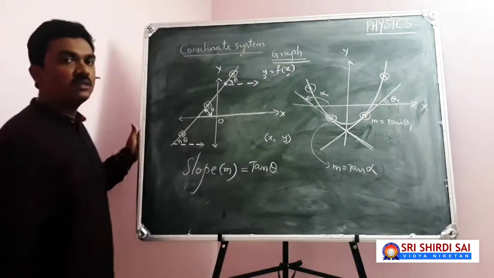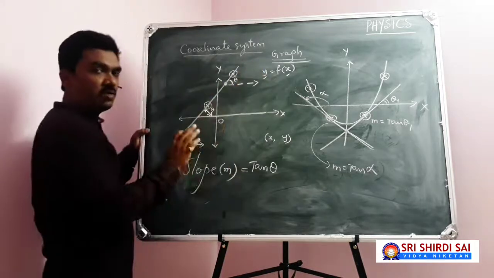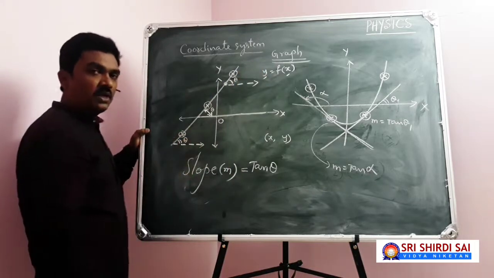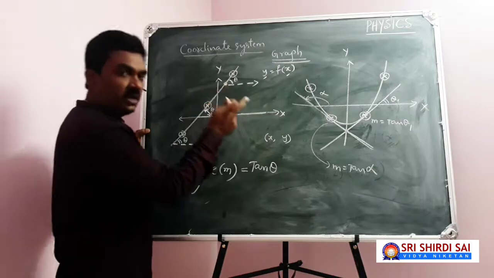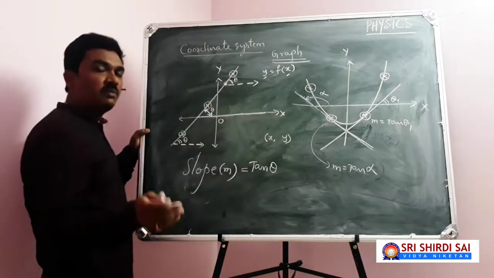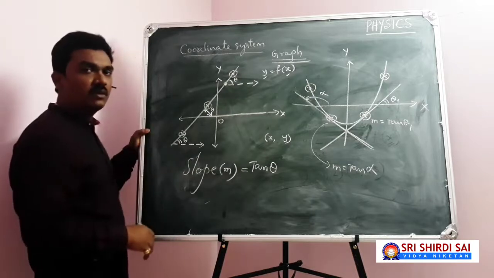So the conclusion is, when you have drawn a graph using a coordinate system, your graph may be a straight line or may be a curve, according to your mathematical equation.